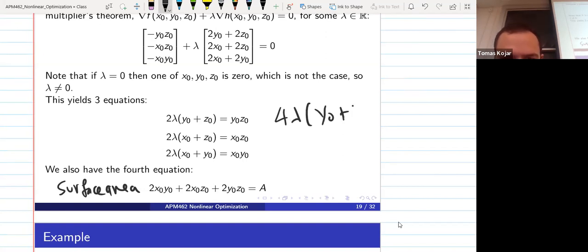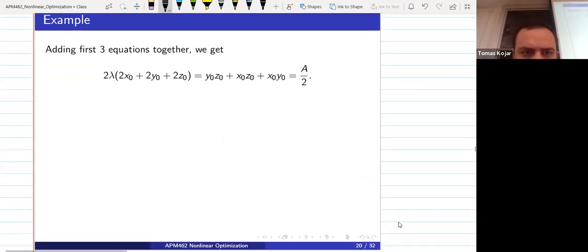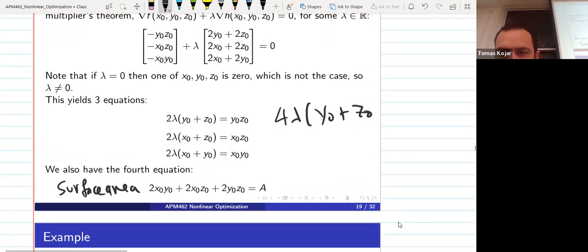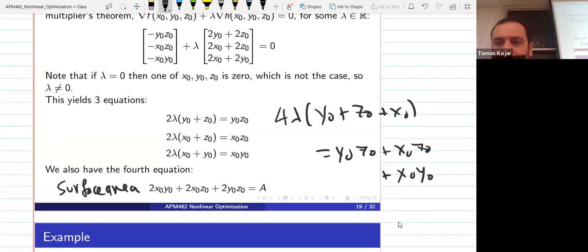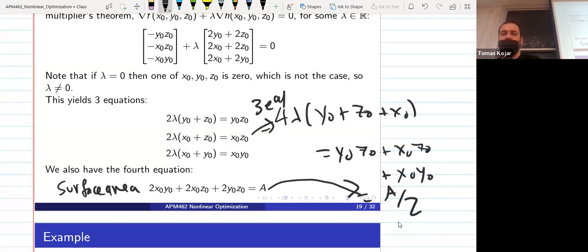Y naught z naught, x naught z naught, x naught y naught. But then by definition, this is A over 2. So these are the 3 equations, and I'll use the last one over here.